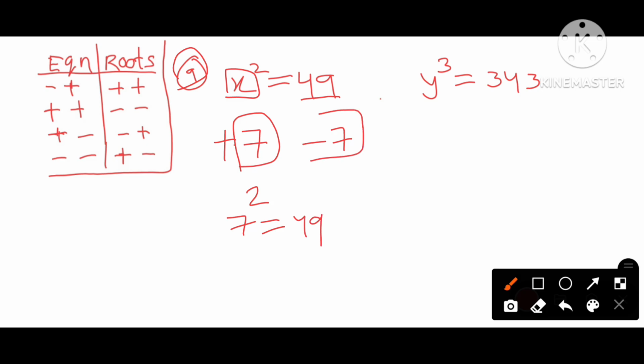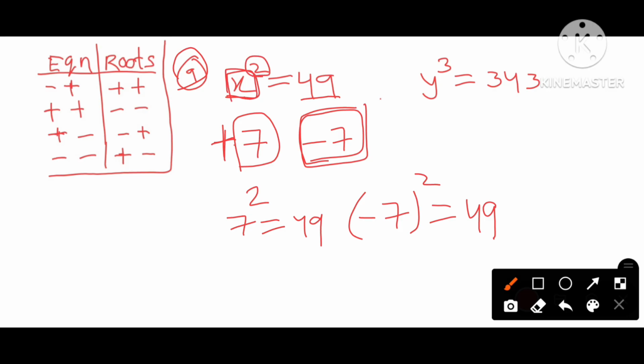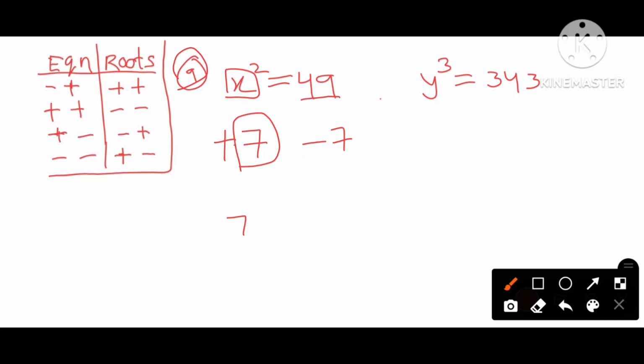If we take minus 7 as the x value, minus 7 whole square is also 49. This is why we need to take positive 7 and negative 7 if we see any number squared. So the roots for this equation are positive 7 and negative 7.